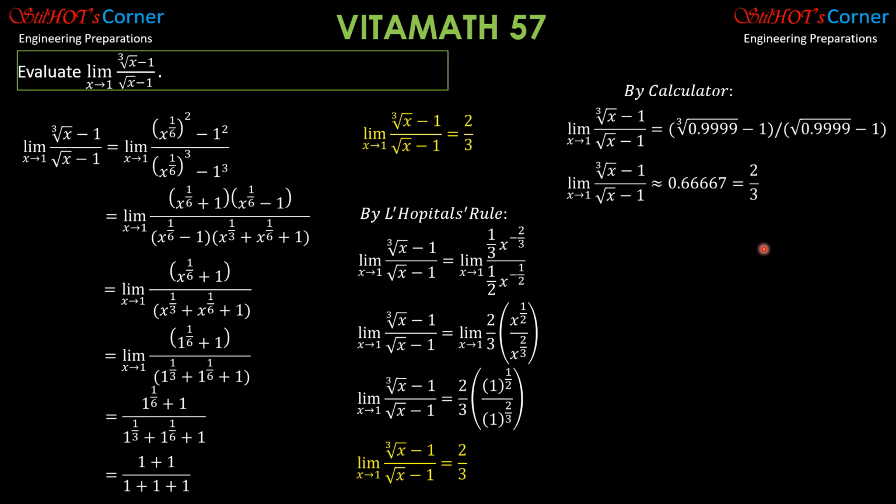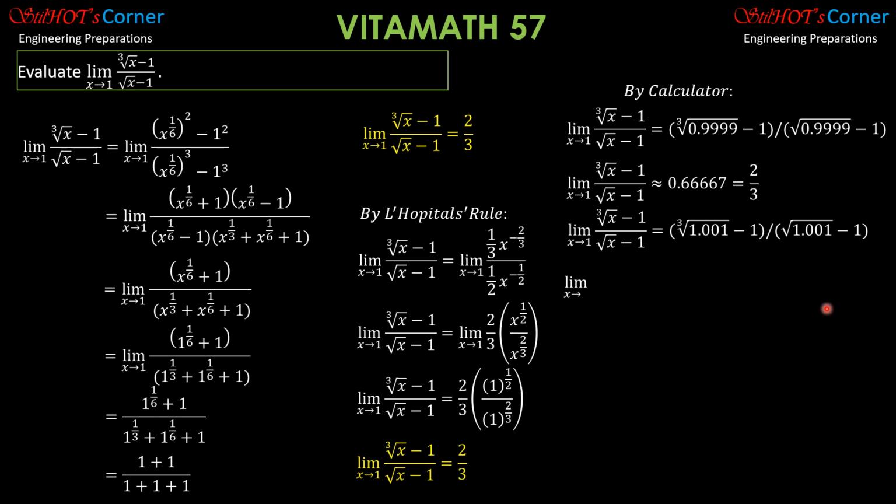Then let's also verify that the right hand limit is approximately equal to 0.6666, or 2/3. So we substitute 1.001. The cube root of 1.001 minus 1 all over the square root of 1.001 minus 1.